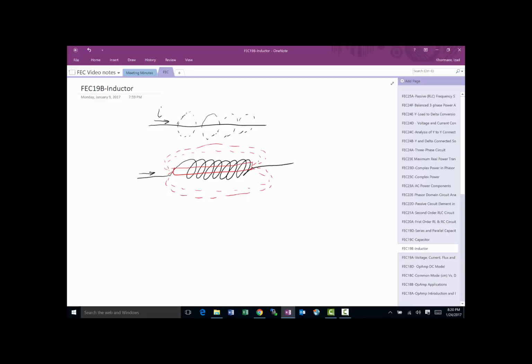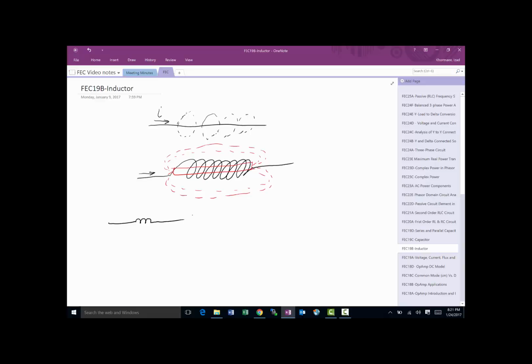So this is more or less the physical construction of an inductor, a winding of a conducting wire around a core. And the symbol actually kind of looks like that. So the symbol for an inductor in a circuit will be basically a line and a few loops indicating it's a winding.